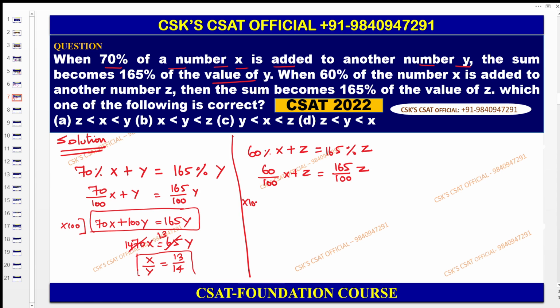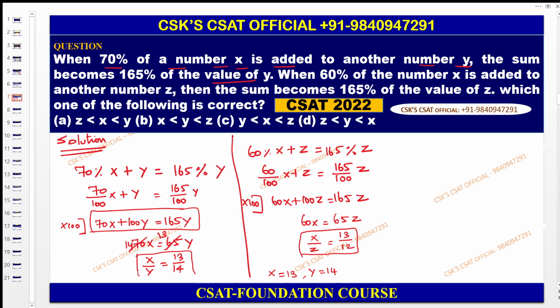Multiply with 100 through the equation. So 60x plus 100z is equal to 165z. Then rearrange: 60x is equal to 65z. Then x by z is equal to 13 by 12. So here the numerator is the same in both. So x is equal to 13, y is equal to 14, z is equal to 12.